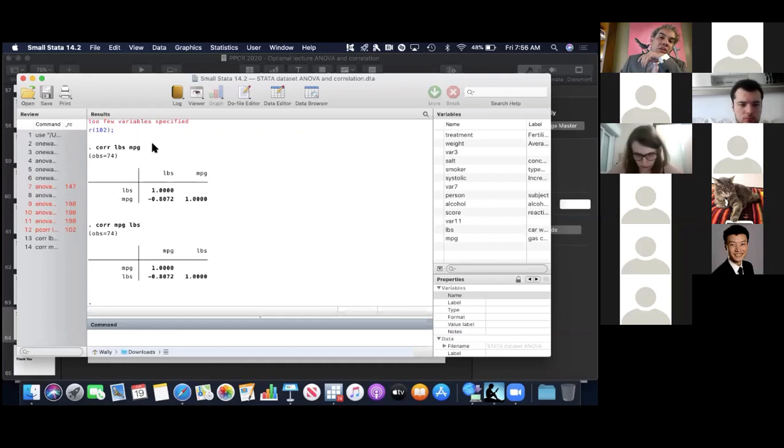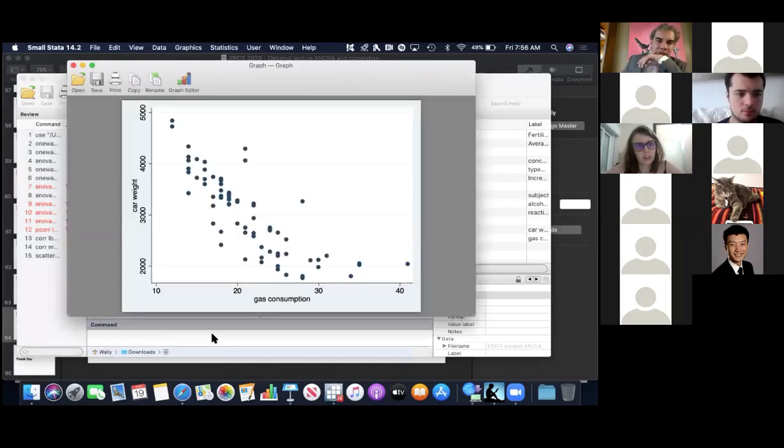Can I ask you a question? Yes, sure. Can you do a scatter plot using STATA? Yes. I'll do a scatter plot right now. Sorry. Okay, thank you. I forgot. Scatter, LBS, MPG. Here you have it. You see? It's better to see now.